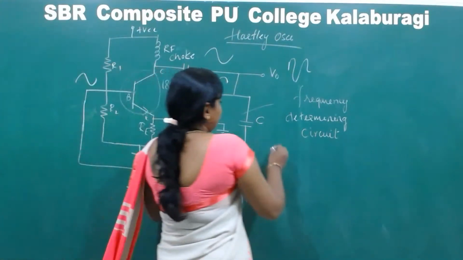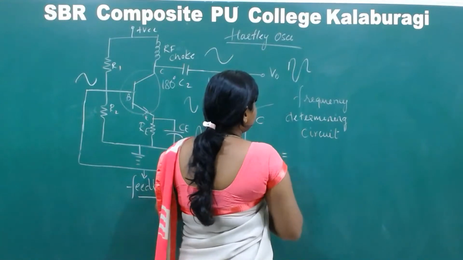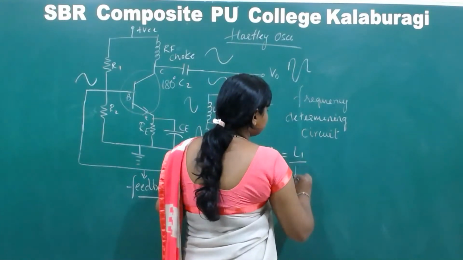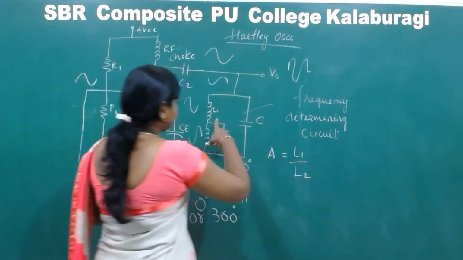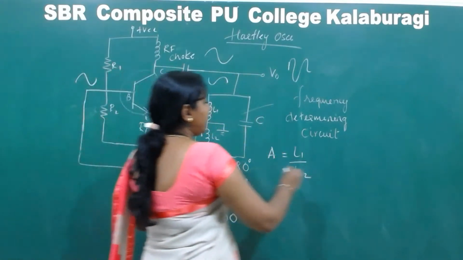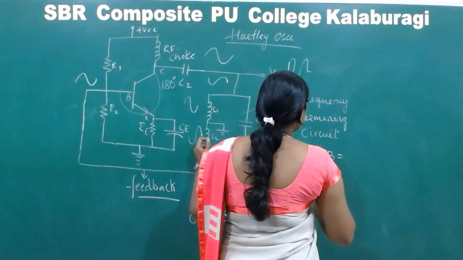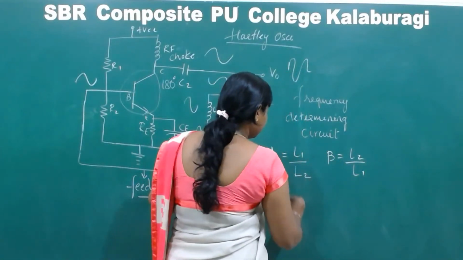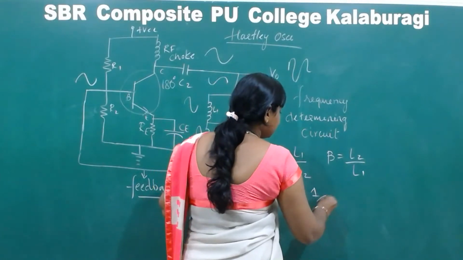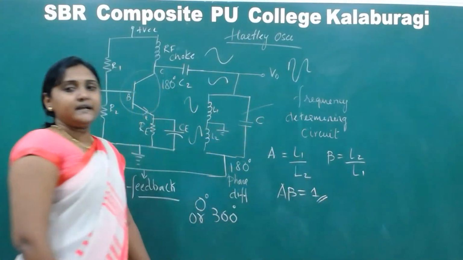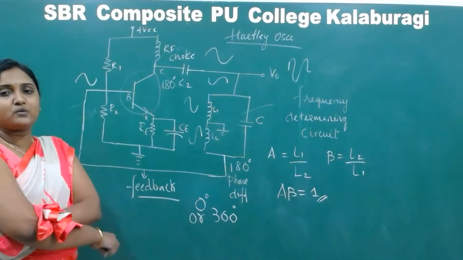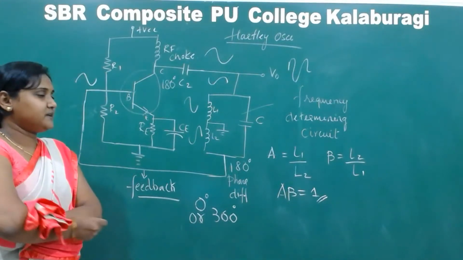Now, the gain of this particular circuit is given by the ratio L1 by L2, and the beta is given by L2 by L1. So as a result, A beta is equal to what? 1. So even this condition of Barkhausen's is satisfied.